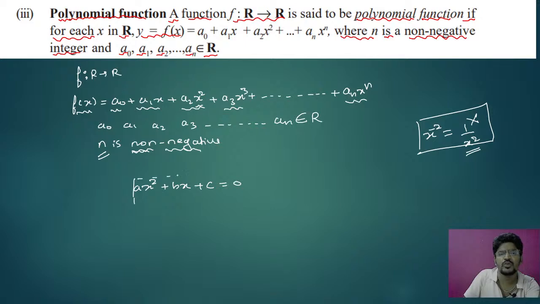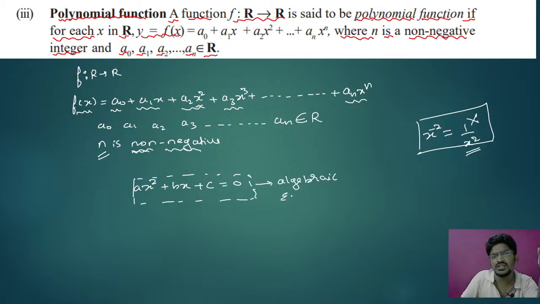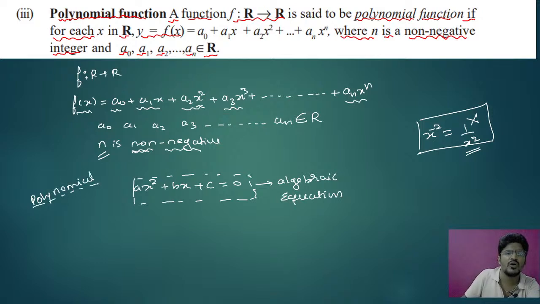This type of problem is called an algebraic equation, and it is a subtopic of polynomial. Like this you have already studied algebraic equations, cubic equations, and equations with the fourth root. All you have studied, so here you don't need more explanation.